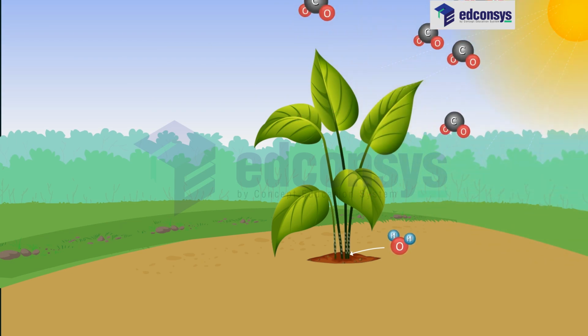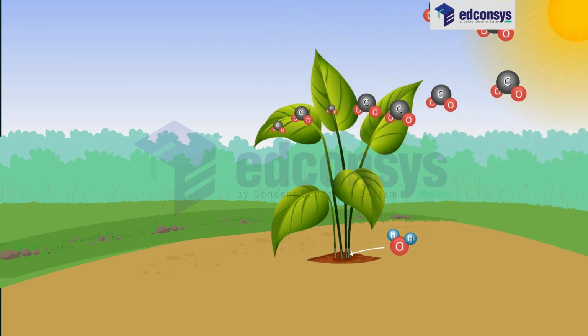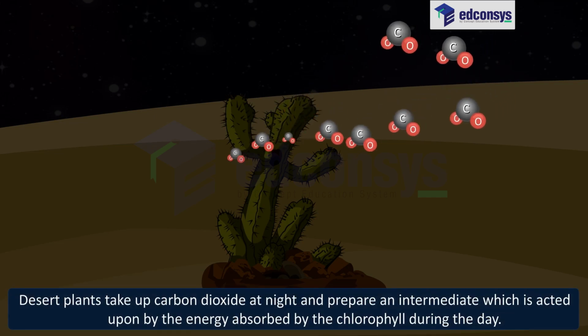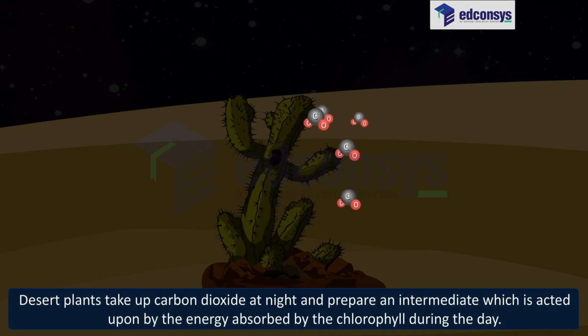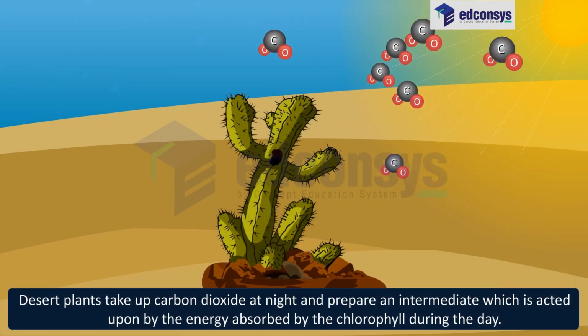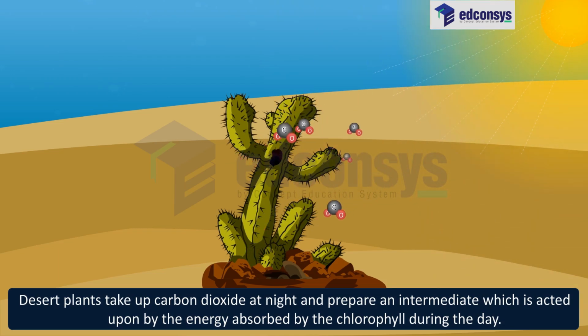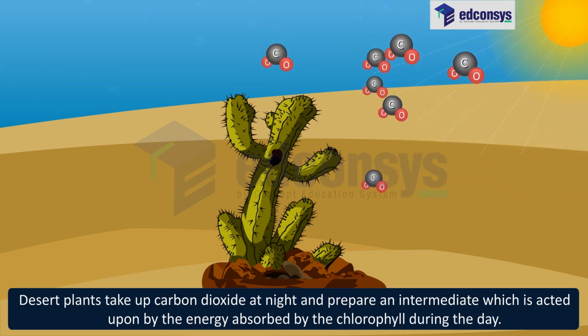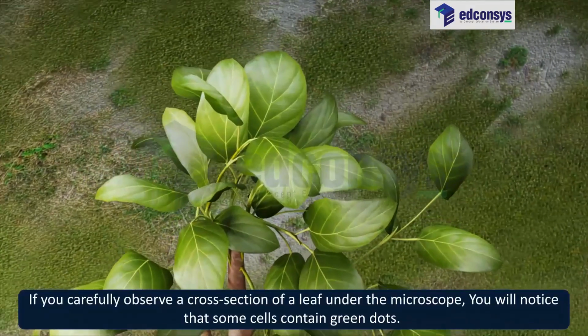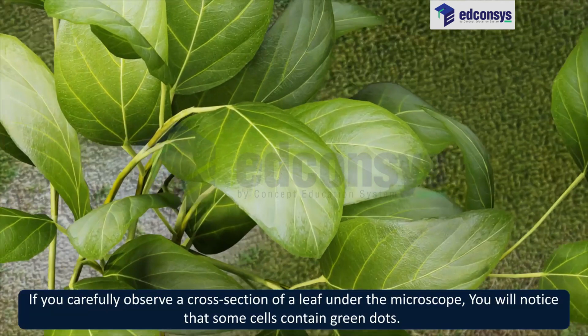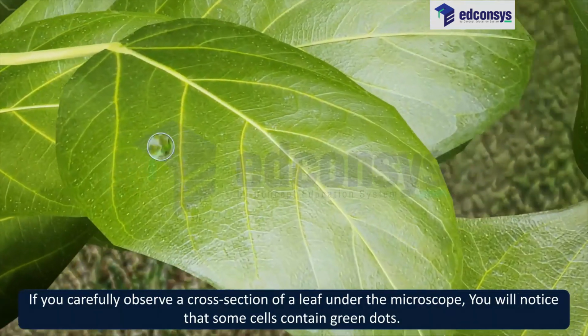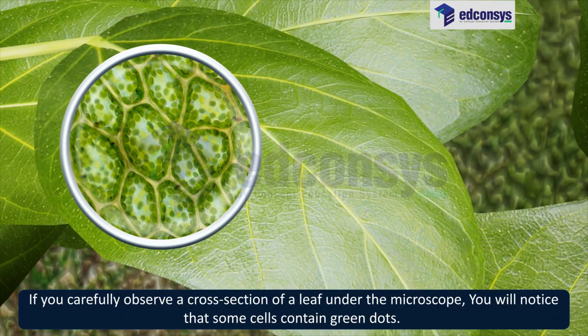These steps need not take place one after the other immediately. For example, desert plants take up carbon dioxide at night and prepare an intermediate which is acted upon by the energy absorbed by the chlorophyll during the day. If you carefully observe a cross-section of a leaf under the microscope, you will notice that some cells contain green dots.